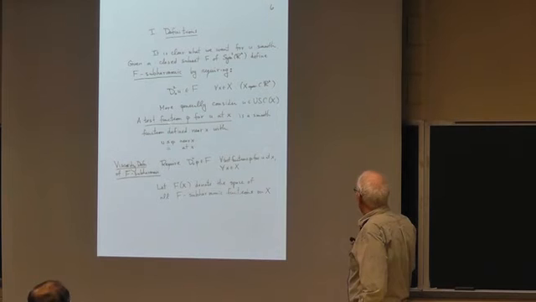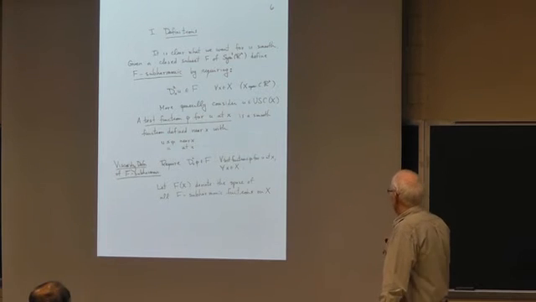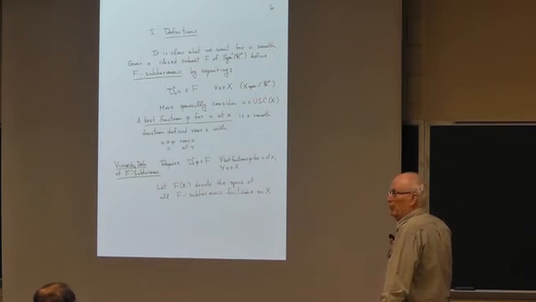Okay, so it's kind of like distribution theory, except there's a totally different kind of test function. Just like in the several complex variable theory, you want upper semi-continuous functions.